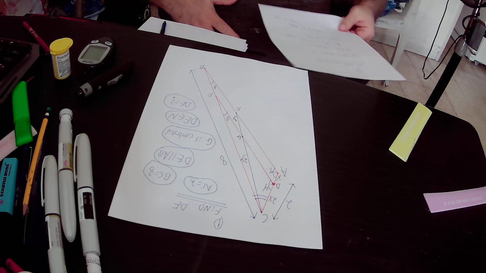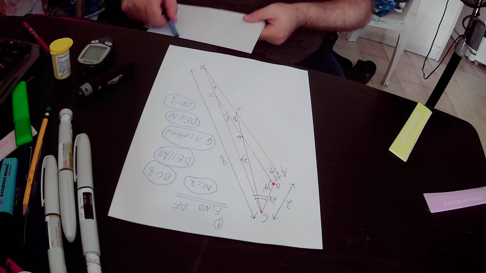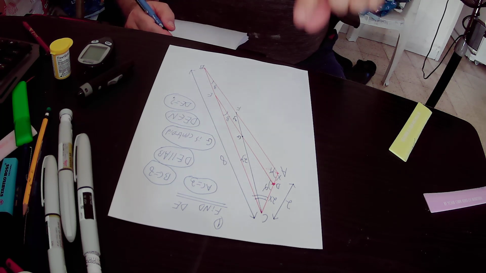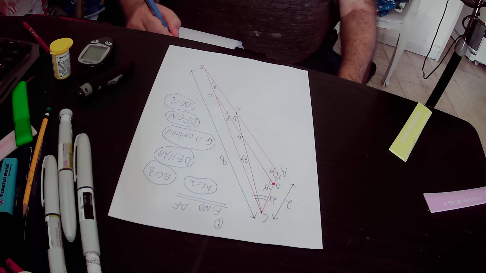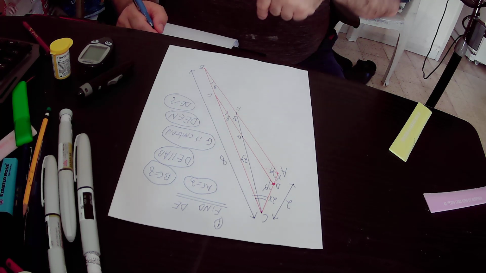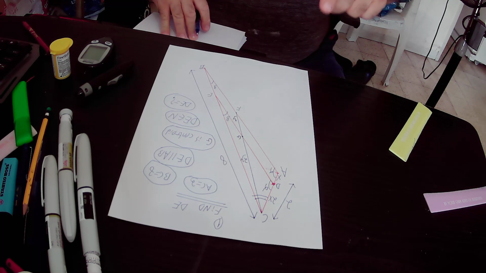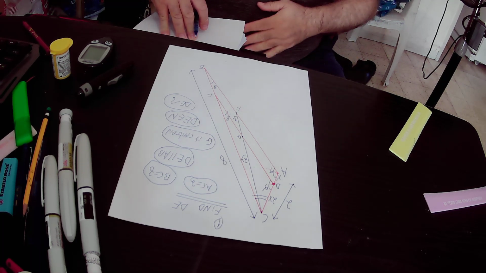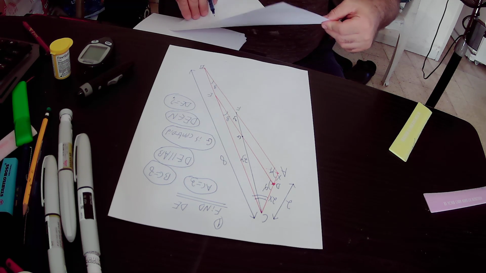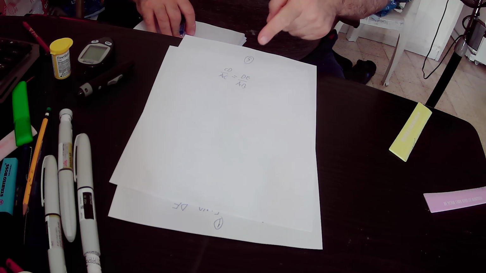Okay, so from the fact that triangle ABC is similar to triangle CDE, we can conclude that CD over AC is equal to DE over AB.